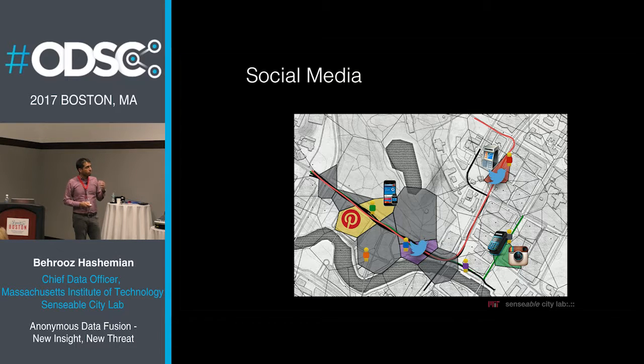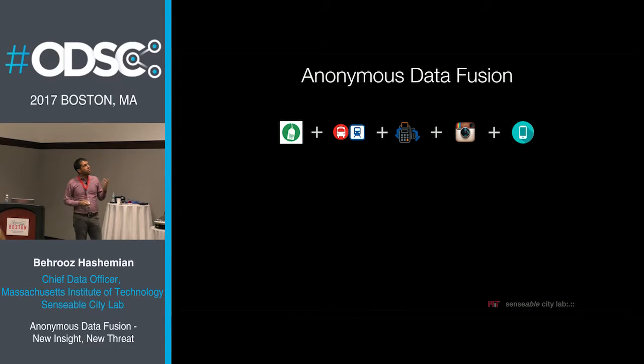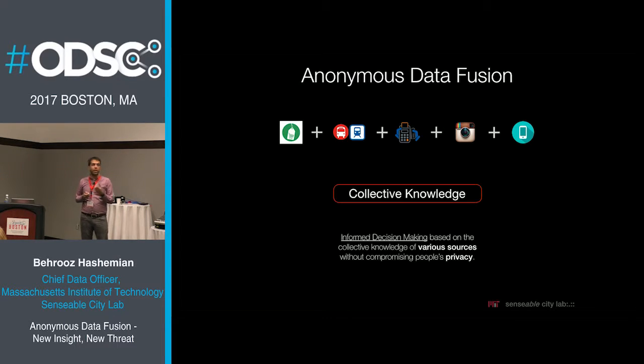So this anonymous data fusion is going to be a platform where people can share information anonymously, and no one has access to other data sets, but they can ask some specific queries.